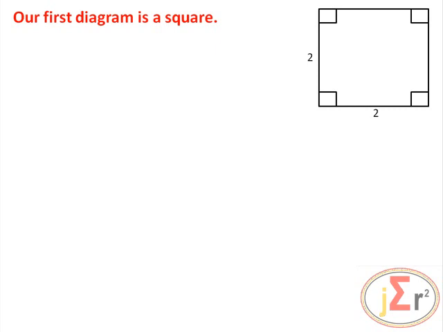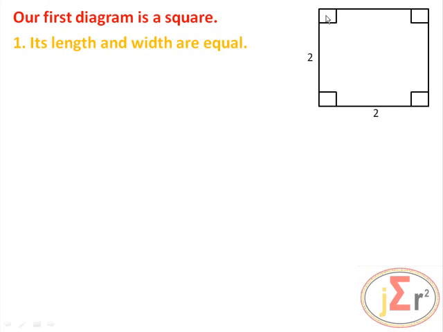Our first diagram is a square, and we are attempting, as required by the statement of the problem, to find or to determine or to be able to count or report all lines of symmetry. The first diagram is a square. How do we know that it is a square?